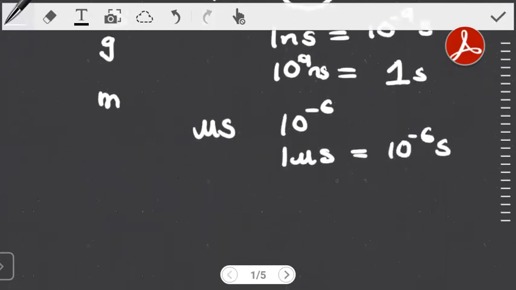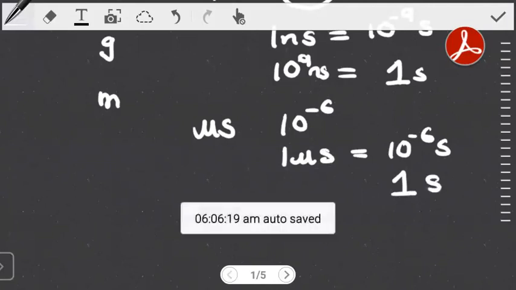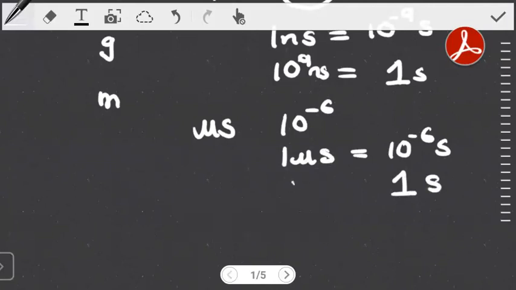Here the micro is smaller than the second, so 1 microsecond is just that fraction of a second. If you wanted to see how many of these smaller microseconds add up to give 1 big second, notice it's the same value, but now with the positive power. So if you had 10 to the power 6 microseconds, these will give you 1 second.